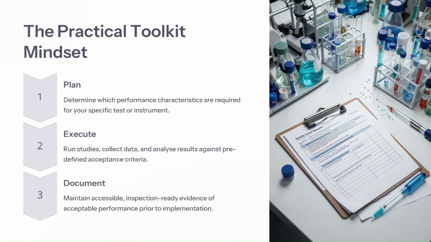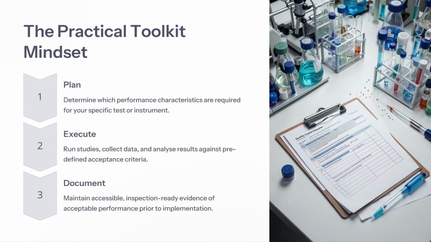Successful validation follows a structured approach consisting of three main steps. The first step is plan. Laboratories must determine which performance characteristics need to be evaluated and establish acceptance criteria before starting the study. The second step is execute. Validation studies are performed, data is collected, and results are analyzed scientifically.